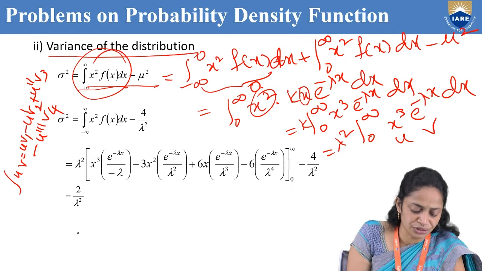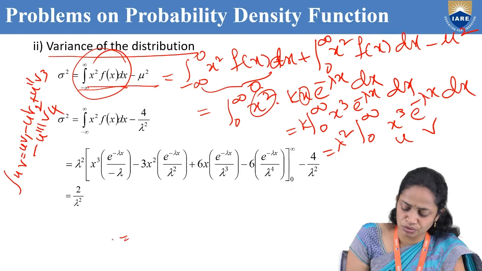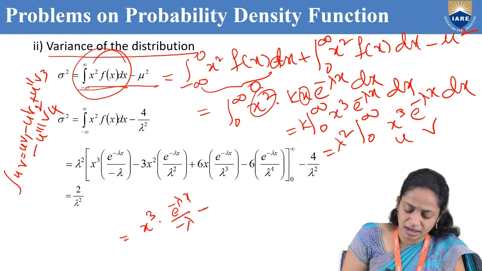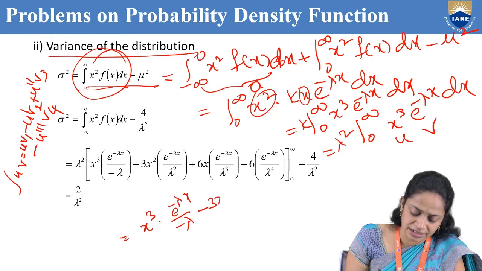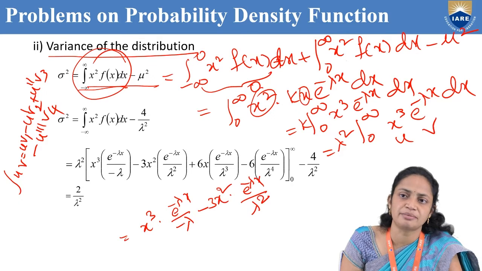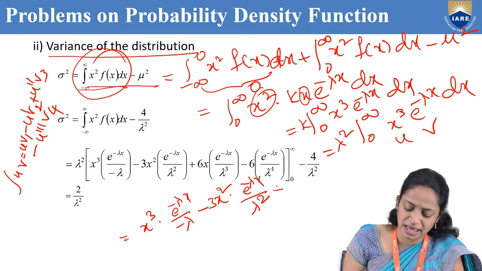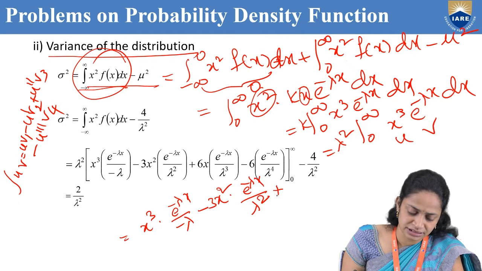According to our formula, uv1, so u is x cube and v1 is the first integration, e power minus lambda x by minus lambda, minus u dash, the first differentiation of x cube, which is 3x square, into e power minus lambda x divided by lambda square. Because already minus lambda is there, if I integrate e power minus lambda x again, we will get e power minus lambda x divided by minus lambda into minus lambda, that is lambda square, plus u double dash v3.